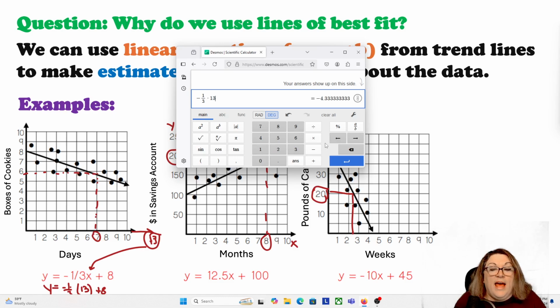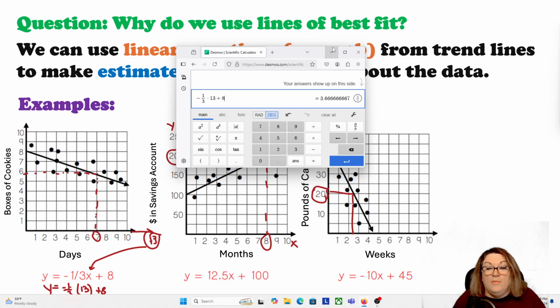And then I'm going to add the 8. I'm going to get approximately 3.7 if I round that up. 3.6 repeating. 3.7. So you could say on the 13th day, you could expect to have approximately 3.7 boxes of cookies left.